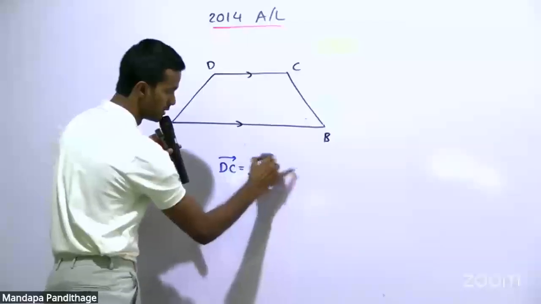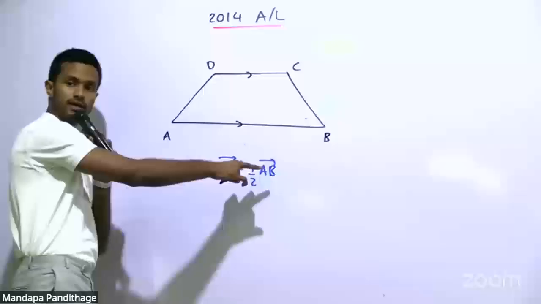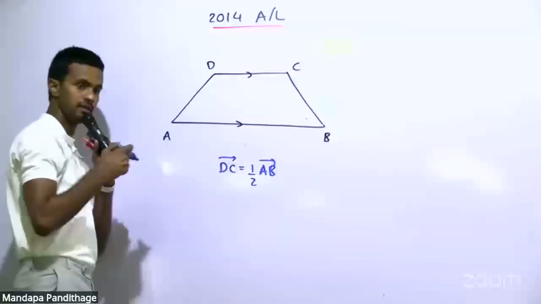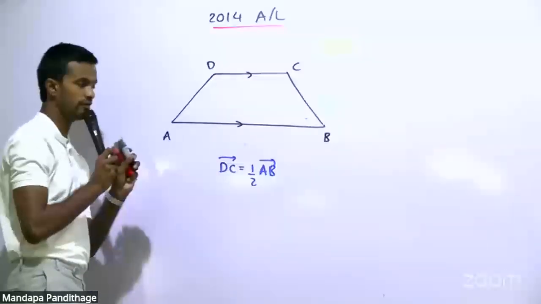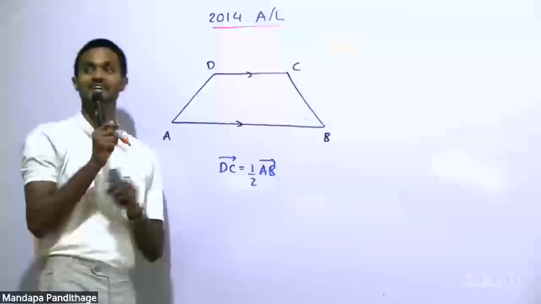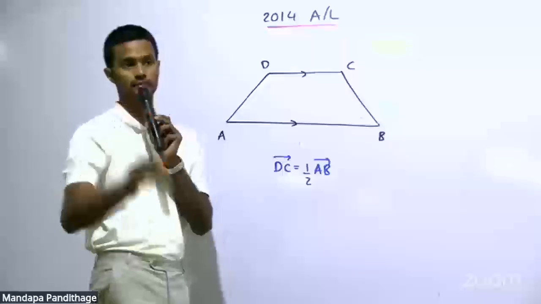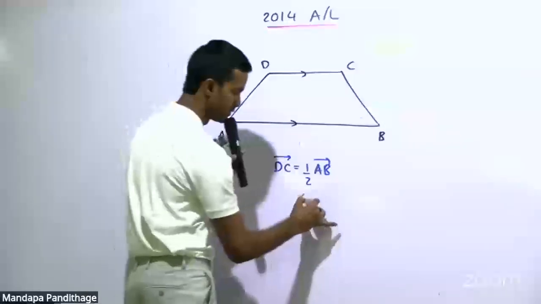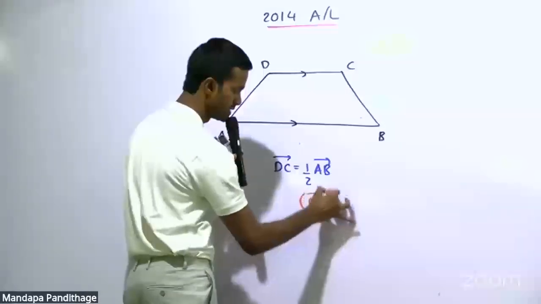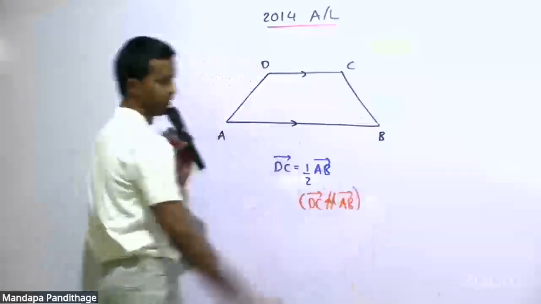What is the meaning of this? One vector has been expressed in terms of the other vector, which means the two vectors are dependent. Dependent vectors are parallel. So because of this reason, I know that the side DC is parallel to the side AB because they are dependent vectors.